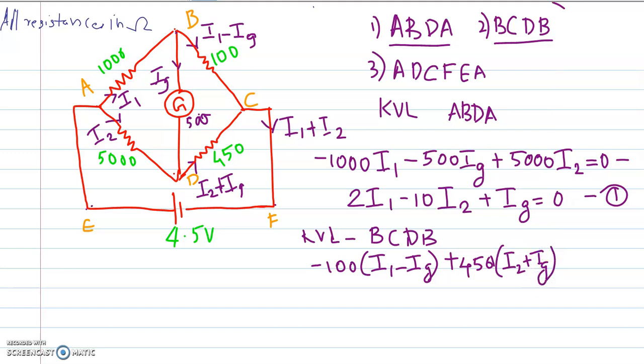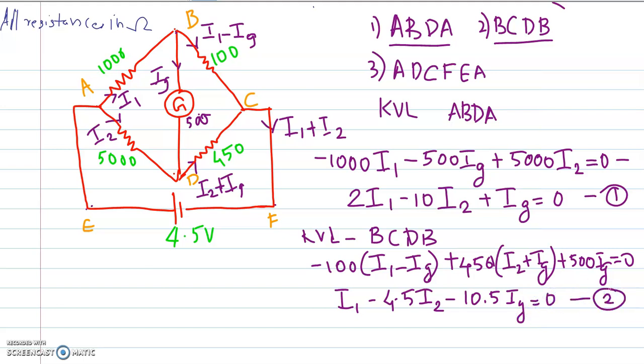Then from D to B, I am moving in the opposite direction of the assumed current Ig, so it is again a rise in potential, so it is plus 500 Ig, equal to 0. This equation I can simplify as I1 minus 4.5 I2 minus 10.5 Ig equal to 0. That is equation number 2.